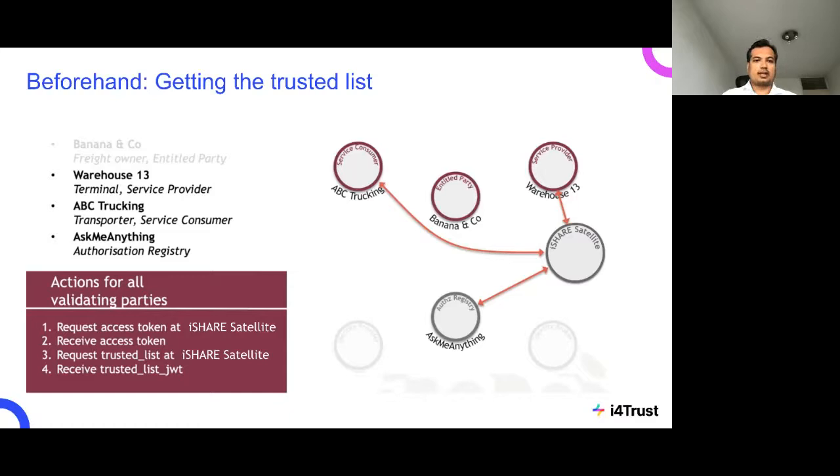So they can cache it on a daily, weekly, or even monthly basis, for example. Right. So every participant who has implemented the APIs can also implement this service, and they can get that trusted list and store it locally.